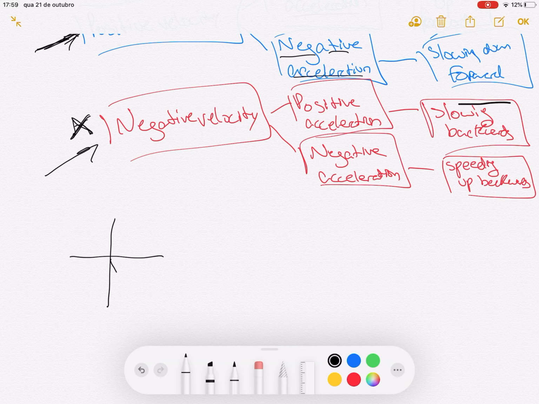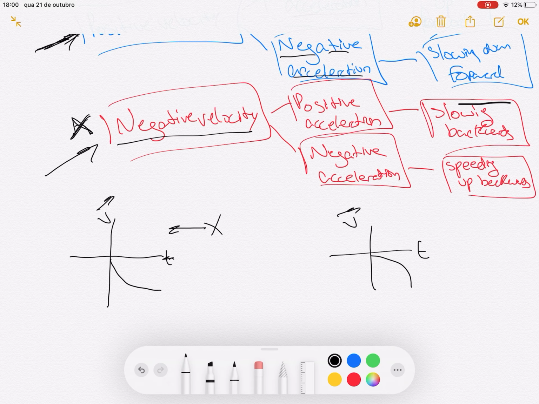If we draw this graph, and then this graph, and this is time, and this is time, this is velocity, velocity, time. So now, is the velocity positive or negative? So is it above the x-axis? No. So it's negative.